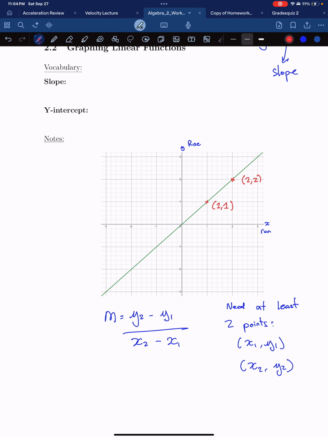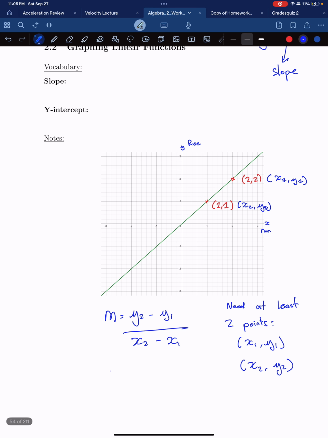Now I have these 2 points. I need to decide which point will be my x1, y1, and which will be my x2, y2. I'll make this one here my x1, y1, and this one my x2, y2. Now I just substitute.